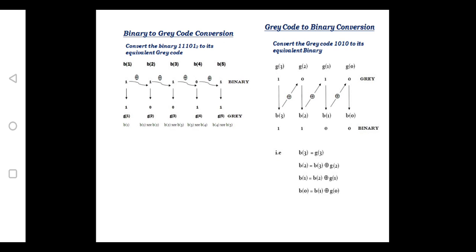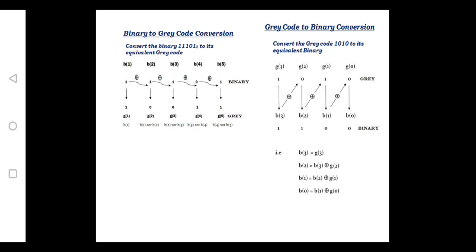One way of remembering binary to gray is B to G. In the alphabet, we get B followed by G, that is in a straight manner. So whatever bits are given in the binary, we perform the XOR operation in a straight manner, that is, two consecutive bits are XORed.